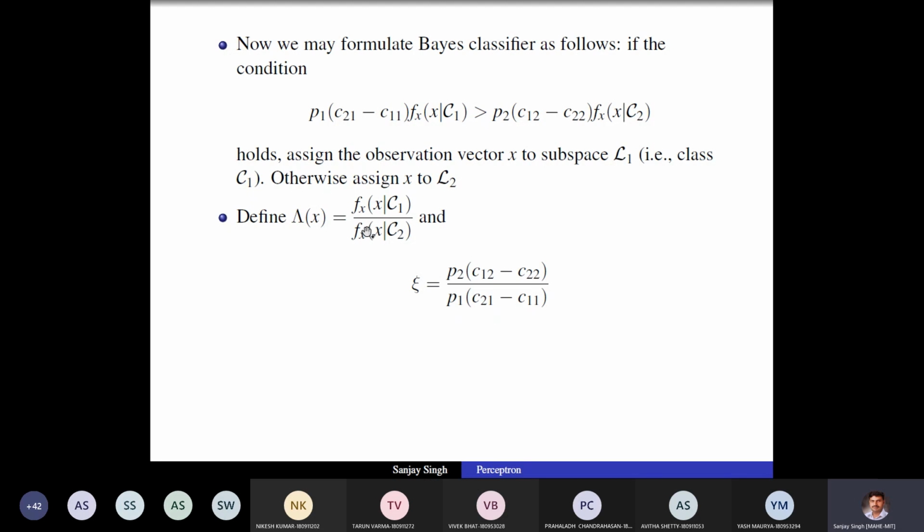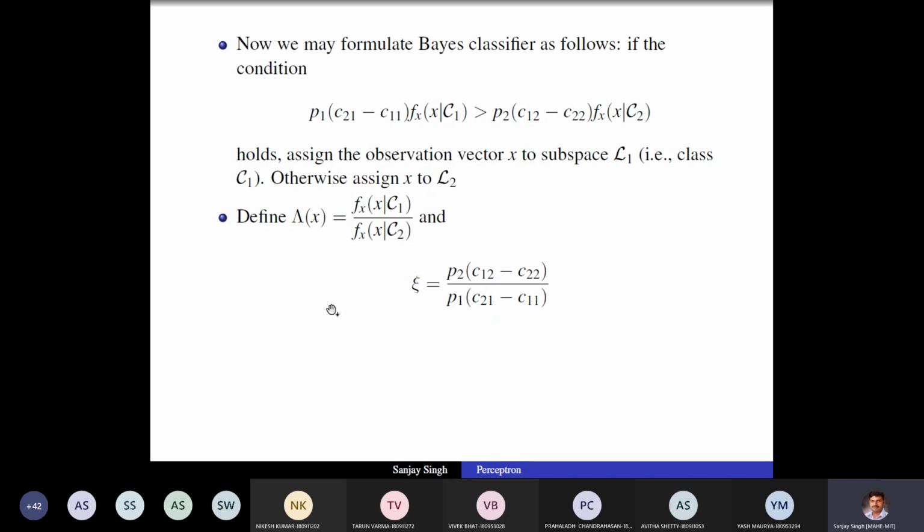That's why we call it the likelihood ratio. And then the threshold is called xi, but any symbol is okay if you feel like. Because this came down, P2 (C12 minus this one) divided by this is the factor. So you see that this is basically a constant value, whatever it comes.